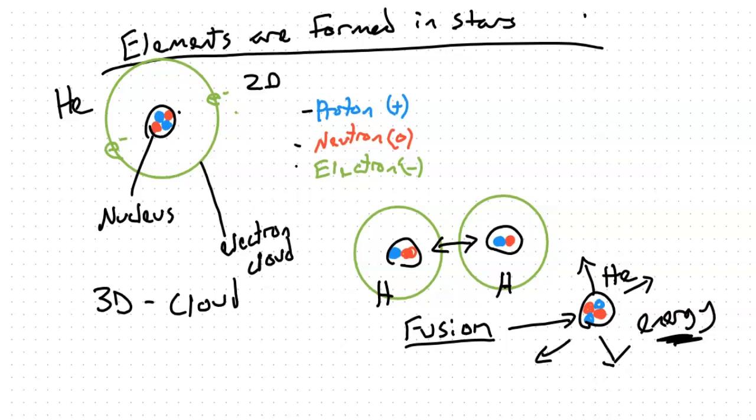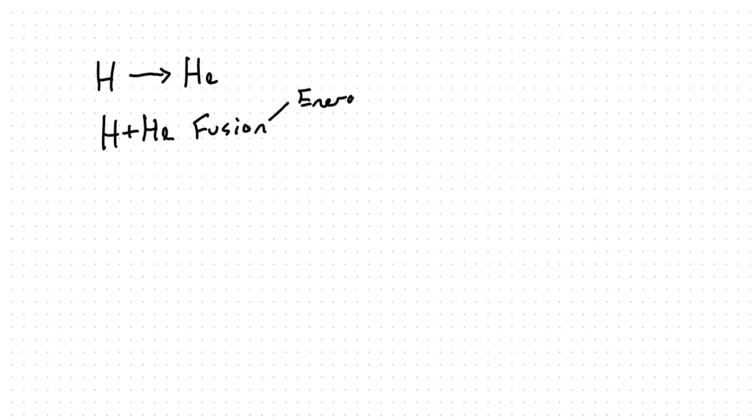So inside the sun, we go from hydrogen to helium. Well, what if a helium and a hydrogen are pressed together? So we're in the core of the sun. We have hydrogen plus helium. Fusion occurs. More energy is released. And then we get lithium.